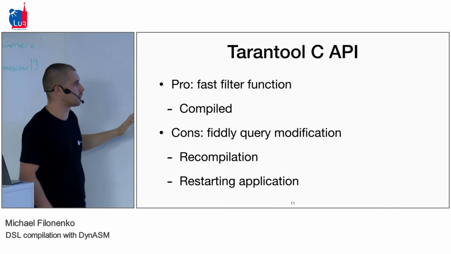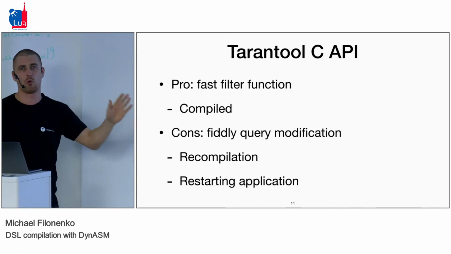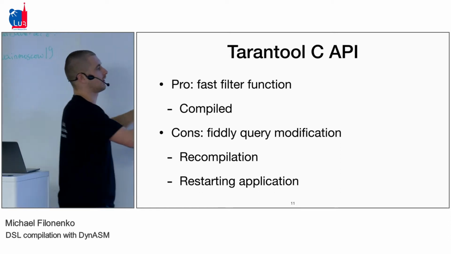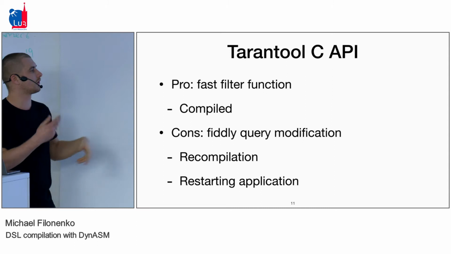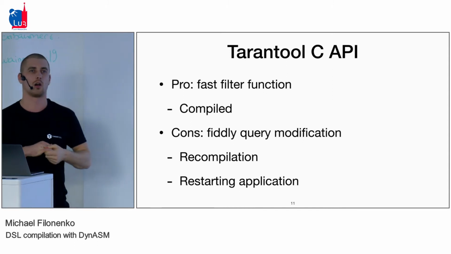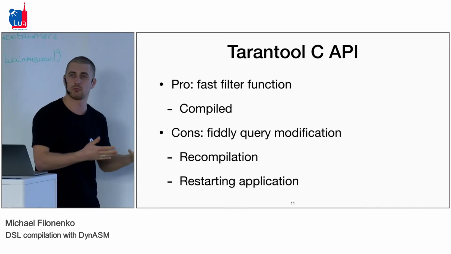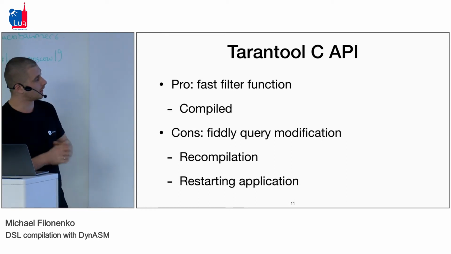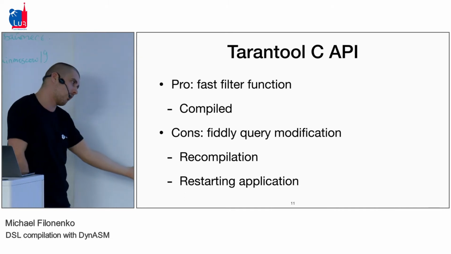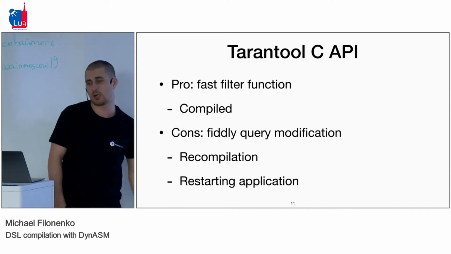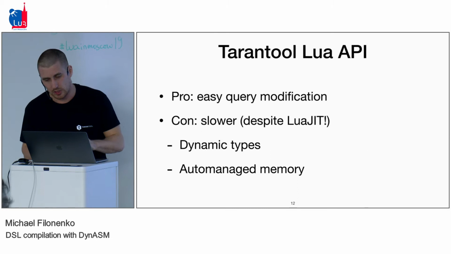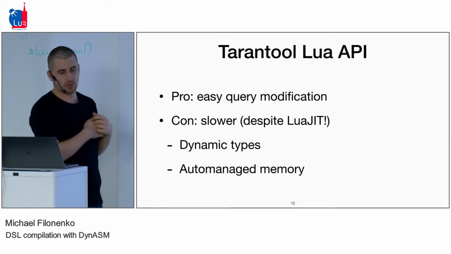But when you want to change, for example, one criterion from musician to driver or any other, or add some other criterion, because, for example, I want to query only Belarusian musicians, it will be fiddly in C because I have to recompile the whole source and restart my application, and there are cons.